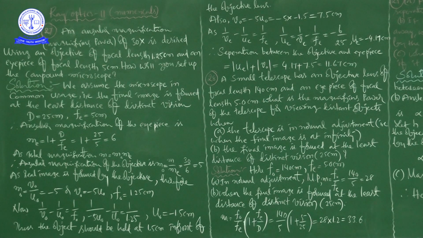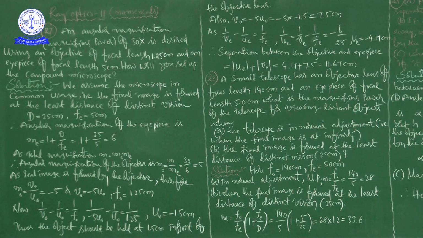You know very well that when the image is at the least distance of distinct vision, you can observe it clearly, whether from the point of view of stress, sufficient light or field of view. So D is equal to 25 centimeters and fe is equal to 5 centimeters. The angular magnification of the eyepiece, me, is given by the formula 1 plus D by fe.